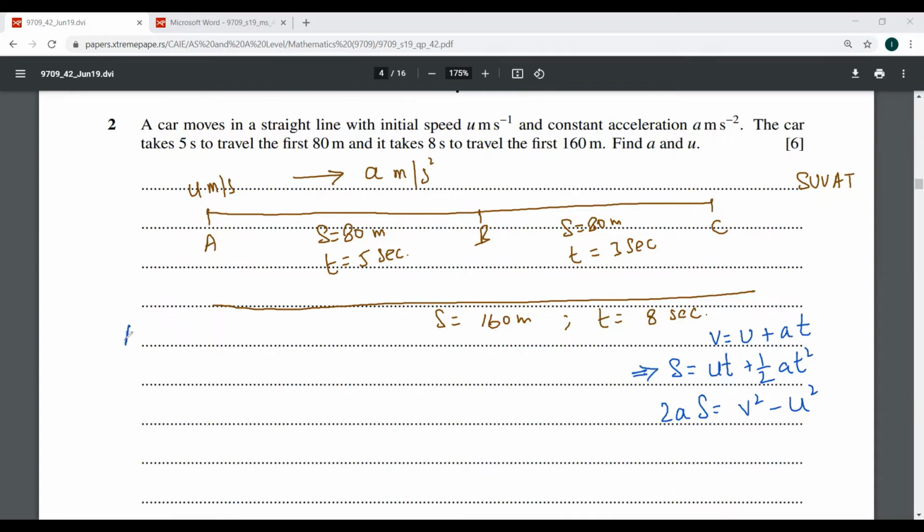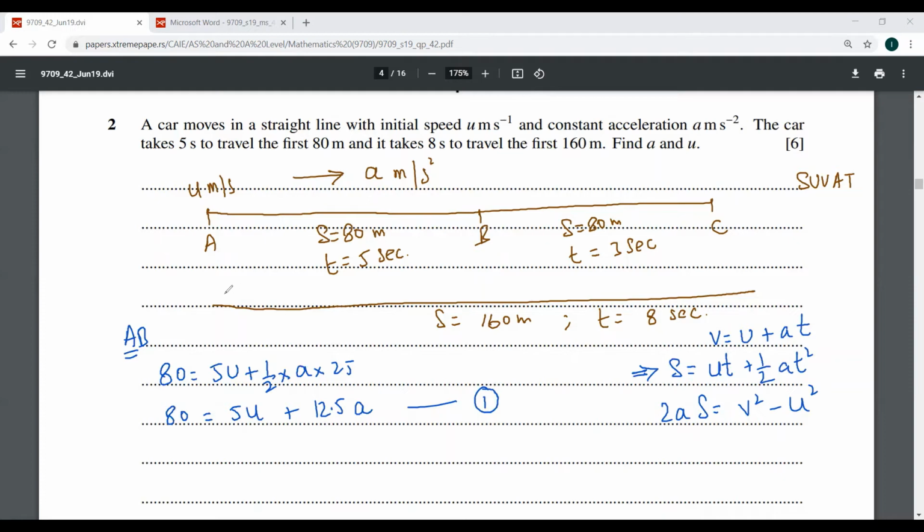So from this AB part, I can say that 80 is equal to 5u plus half into a times 25. So we have 80 is equal to 5u plus 12.5a. That is my equation number one.